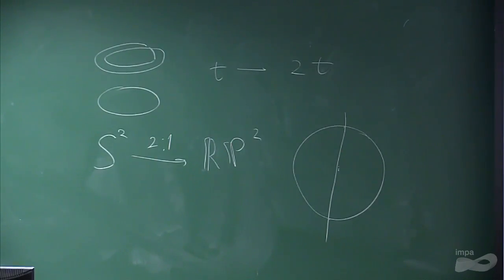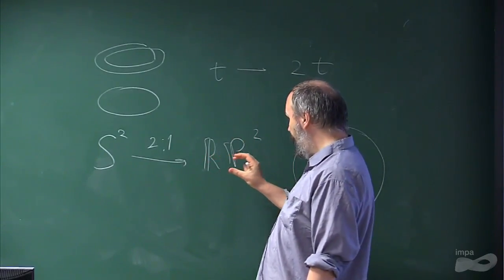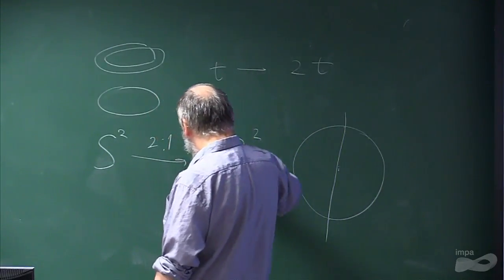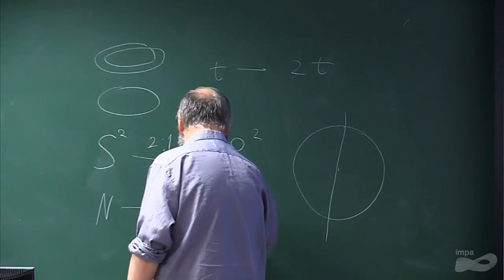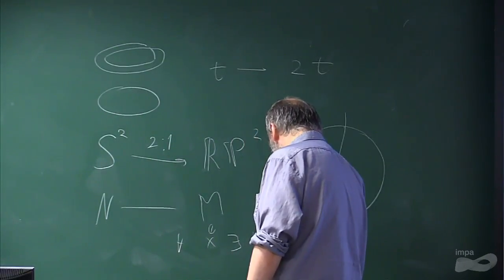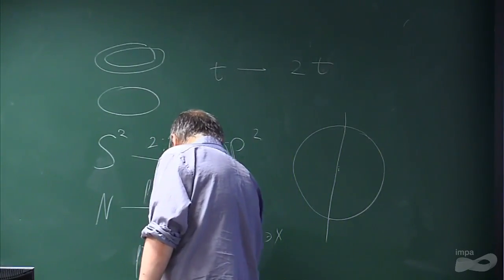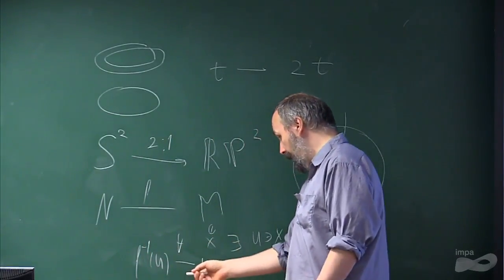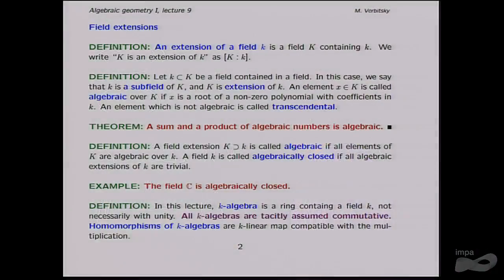So formally, if you know topology, a covering is a map f from N to M such that for each x inside M, there exists an open neighborhood U containing this x, such that f^{-1}(U) mapped to U is just several copies of U mapped to U. Like that.